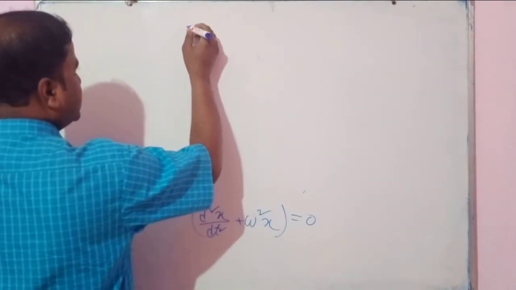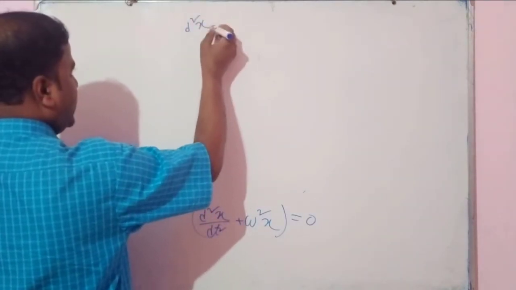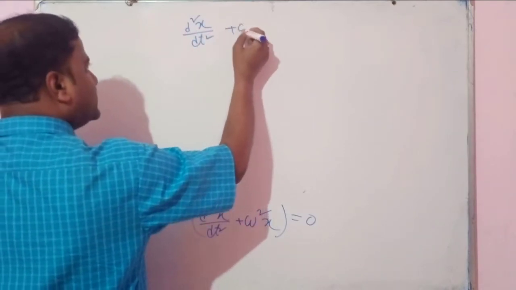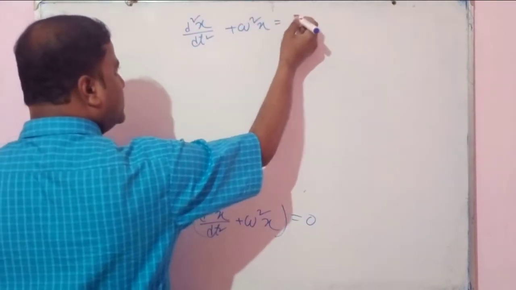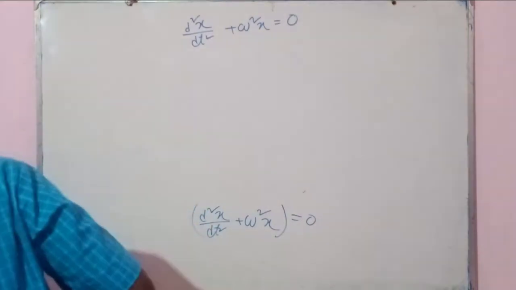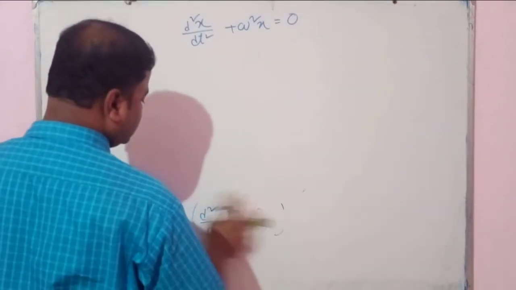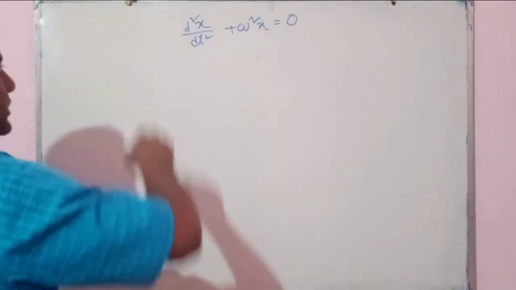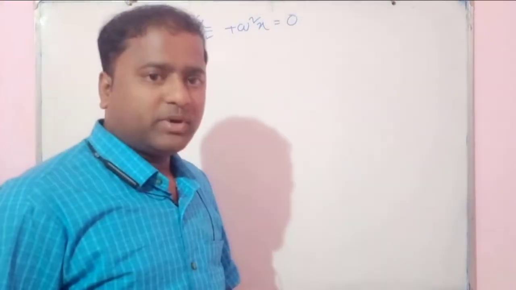I rewrite this equation, d square x by dt square plus omega square x equal to 0. We solve this equation for the displacement x.